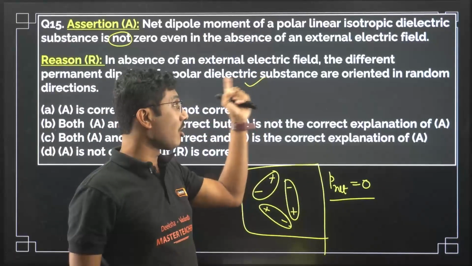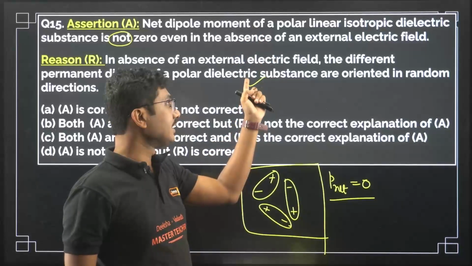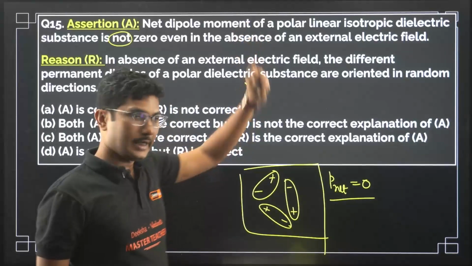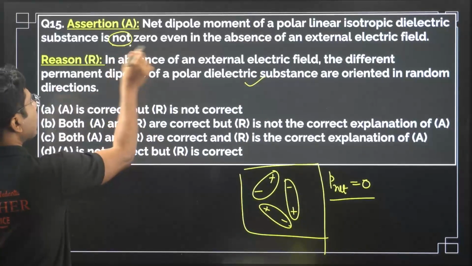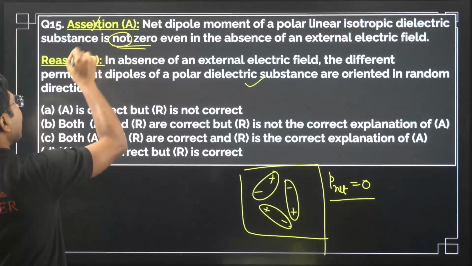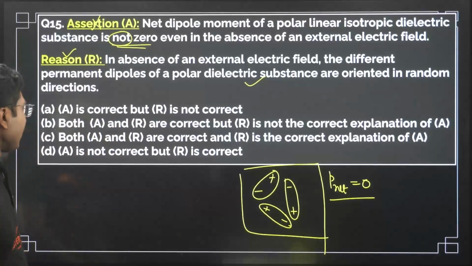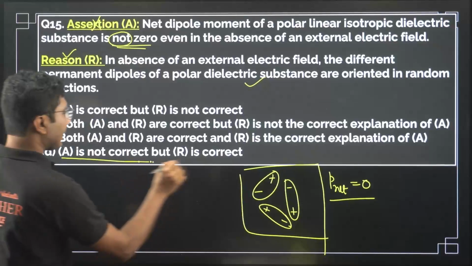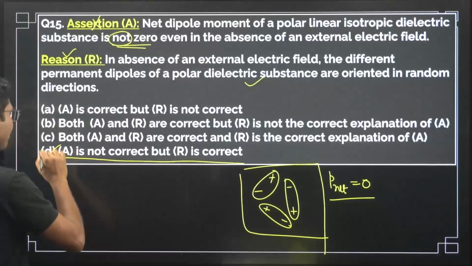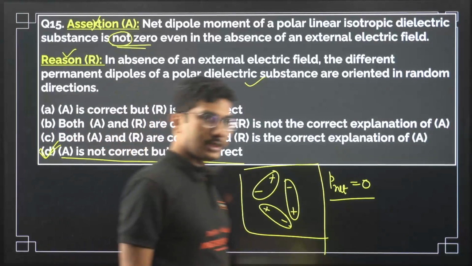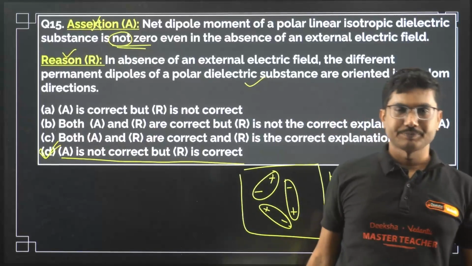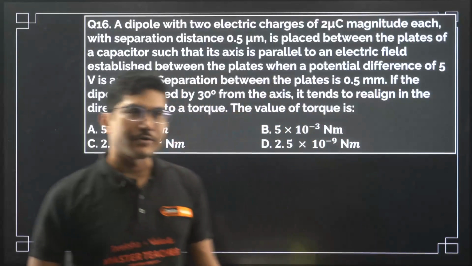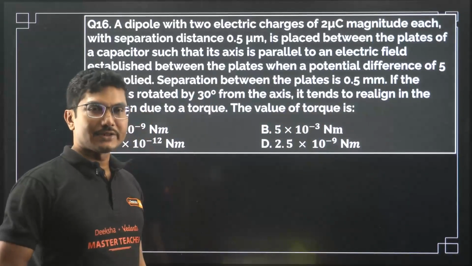This is the cause, this is the effect. But because there is a not, that means the assertion is not correct, but the reason is correct. So A is not correct, but R is correct. So option D is the correct answer for this question. Clear? Assertion and reason questions, always read twice before answering.